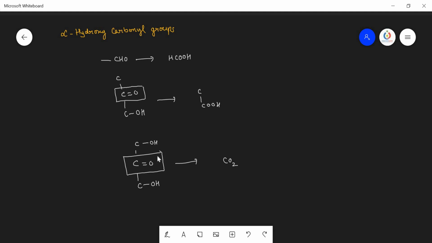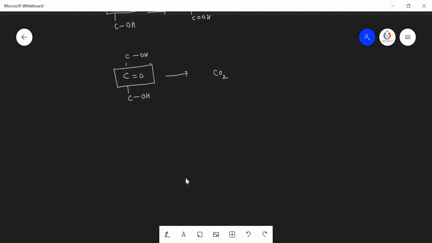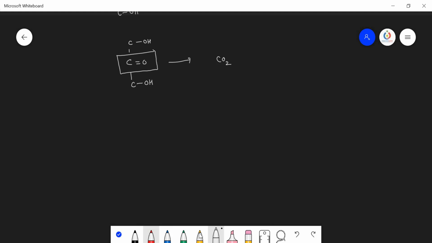But if OH groups are on both sides, then the CO group shall be converted to carbon dioxide. And the last one is, I will reveal the trick at the end. First of all, you see alpha amino hydroxy groups also behave as hydroxy group.